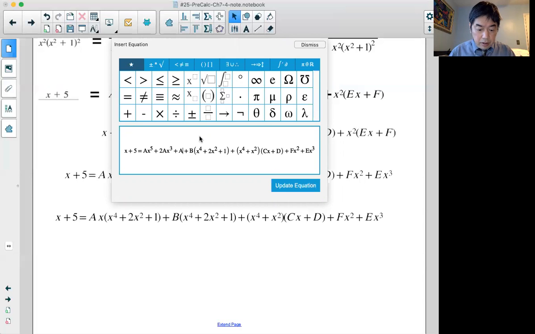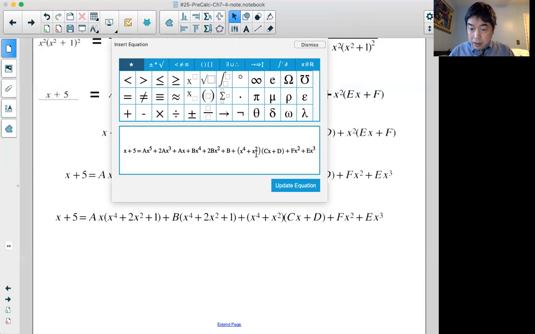Okay, so b times x to the fourth power is bx to the fourth, only multiplying b. 2b x squared, and this one becomes b.